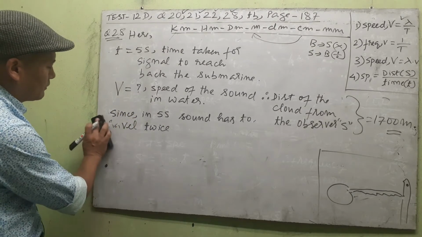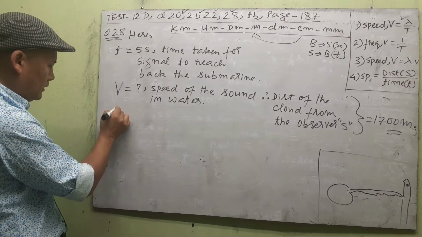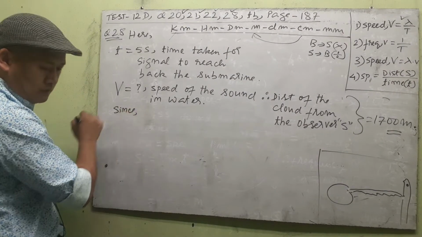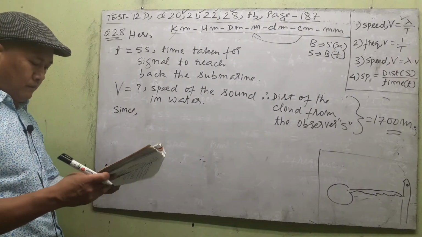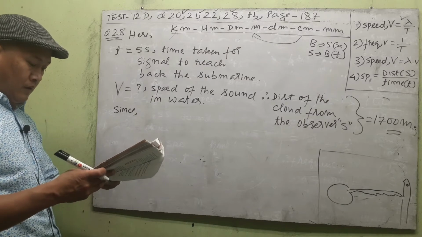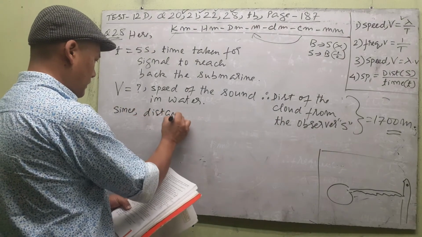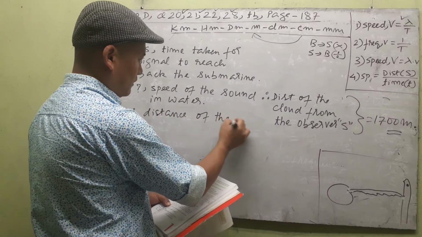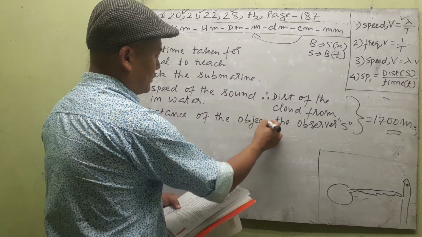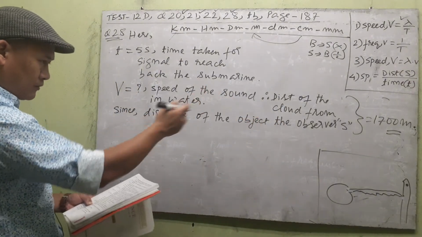Before that you can write here. Okay, just wait one minute. Let me do it like this so we understand it properly. Here, okay, since distance of the object. The object means, oh no, the cliff kind of thing is the object, sorry.